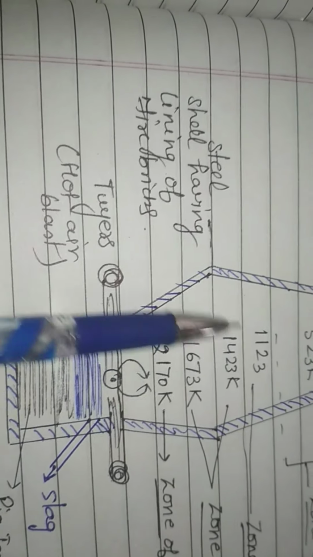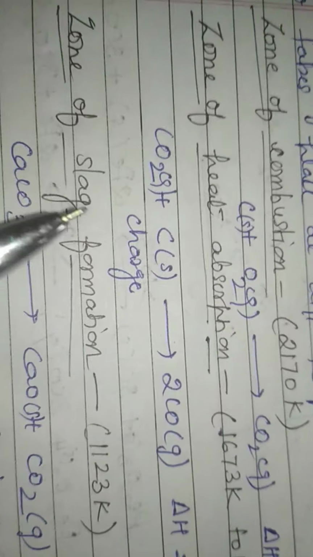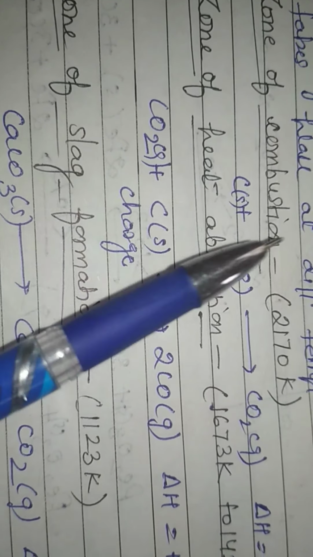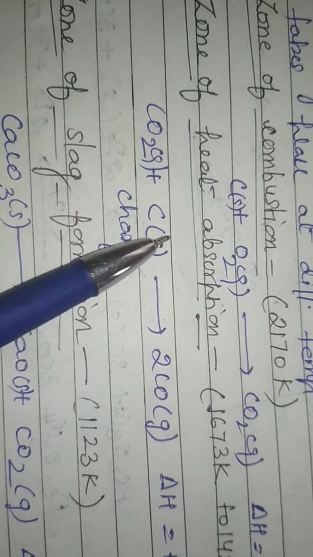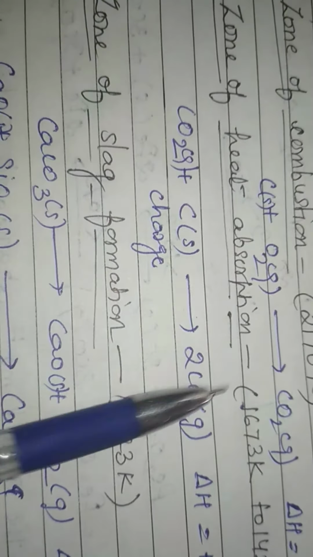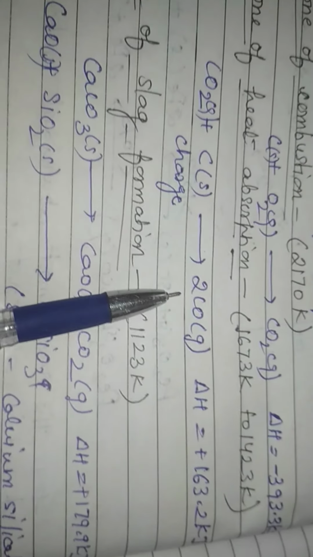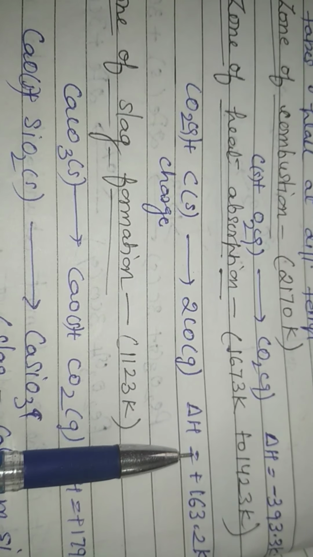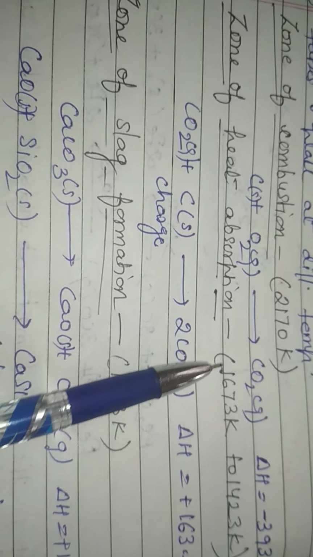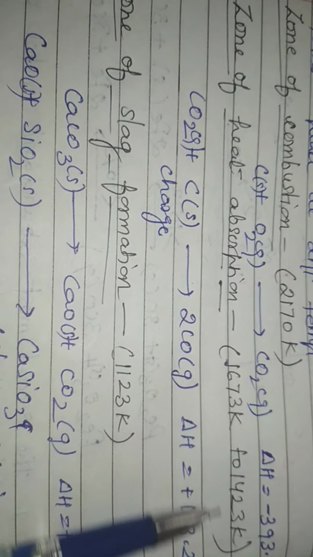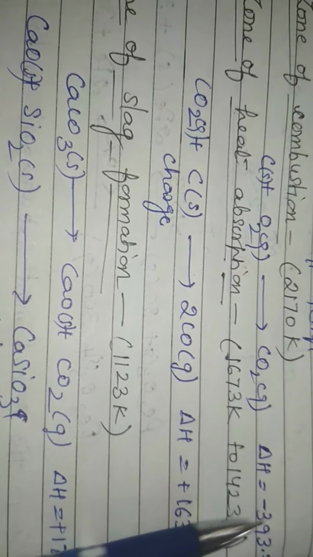This is the zone of heat absorption, in which, when the carbon dioxide is produced, it will go up the furnace and again meet the red hot charge, and now carbon dioxide would be reduced to carbon monoxide, and as it is an endothermic process, now the temperature will be converted to approximately 1423 Kelvin.